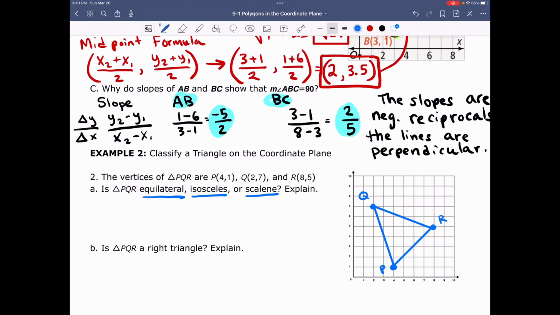All right, let's figure out this first side, P to Q. What would that distance be? Because that would tell us how long the line is. So the distance formula is x2 minus x1 squared and y2 minus y1 squared. We add them together, take the square root. Let's label these x and y.